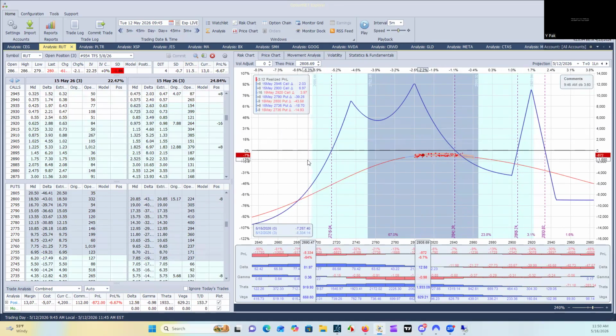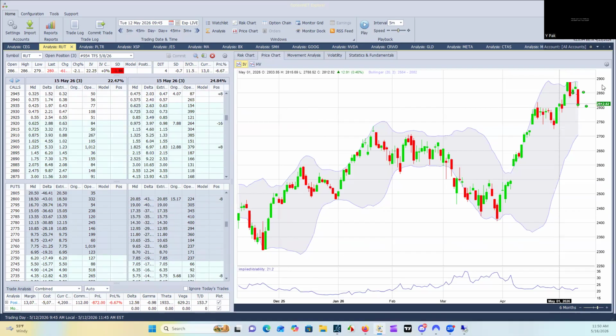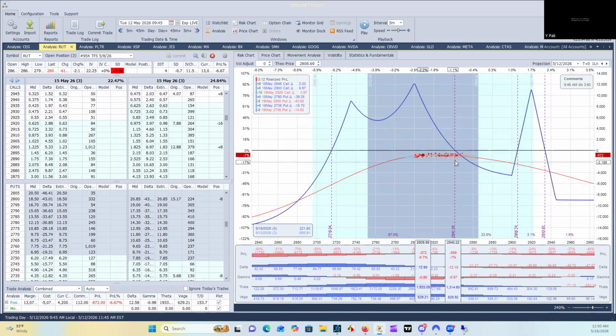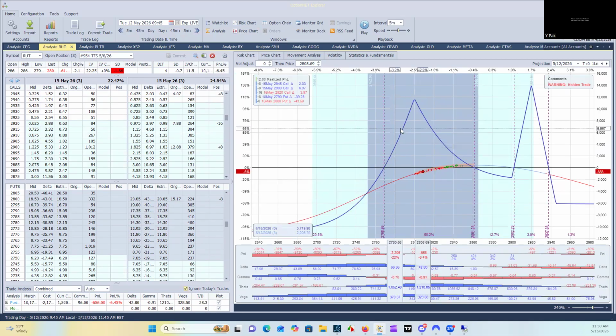All right. This is where I made the adjustment. I added this calendar because the market had dropped a lot. So you can see it decided to not go in our favor. It went from like here down to here. So let me ignore today's trade. What happened was the price went to the short put here.